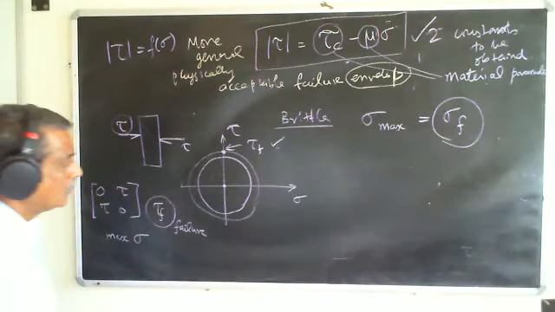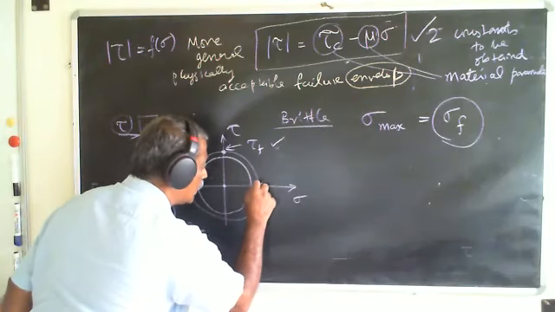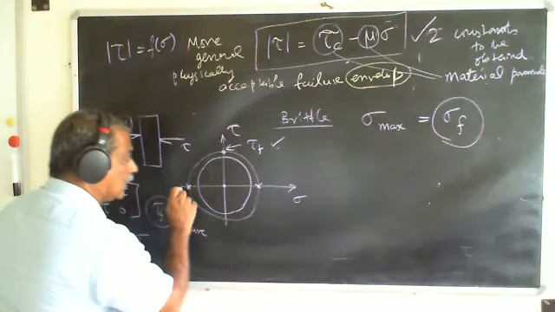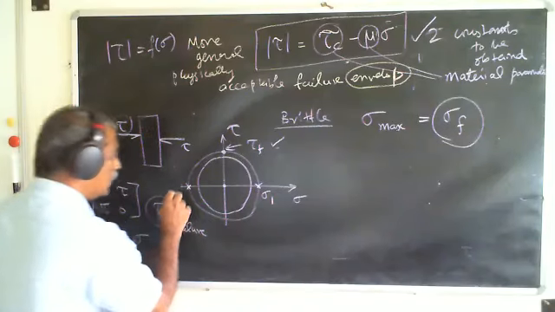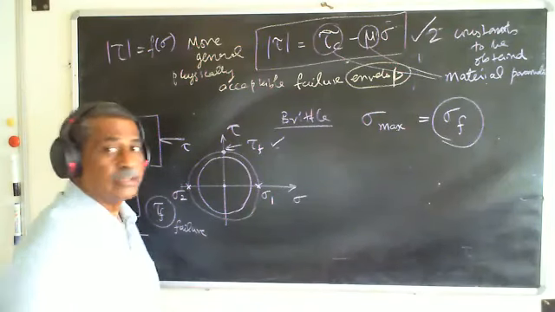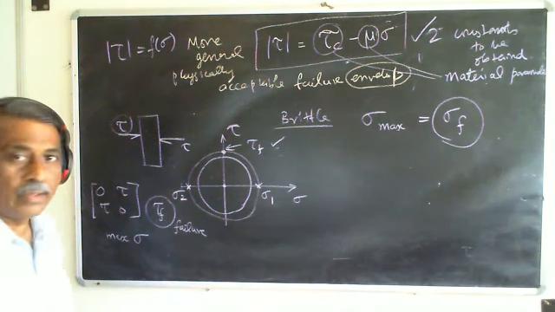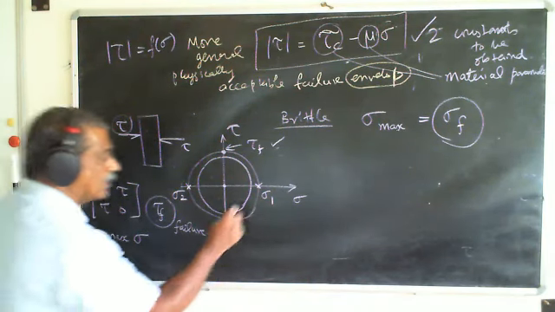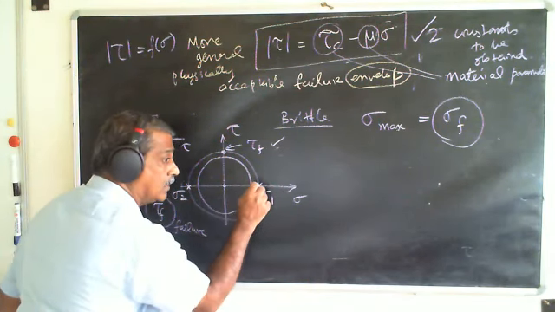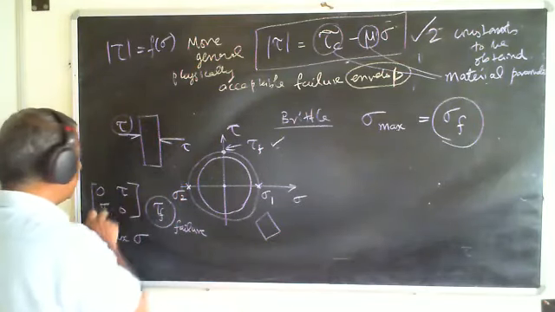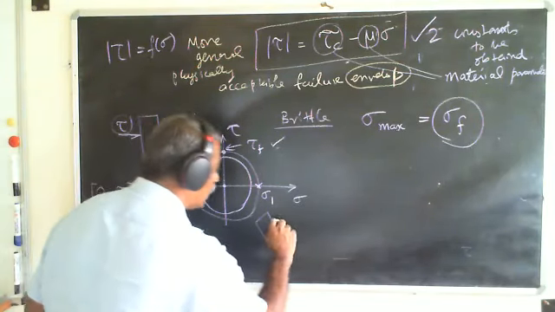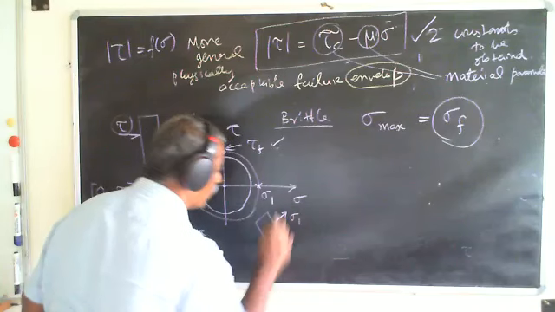If you notice, on the horizontal axis, this is sigma 1 and this is sigma 2, the two principal stress points. At this plane, at this angle, whatever the angle is with respect to this, there is only normal stress and it is equal to sigma 1.